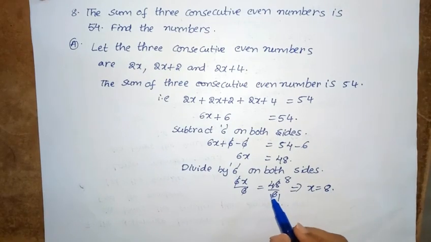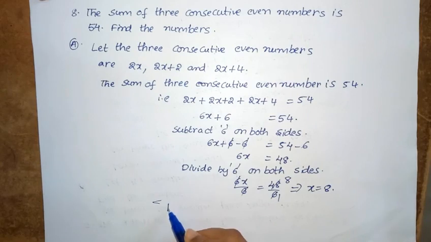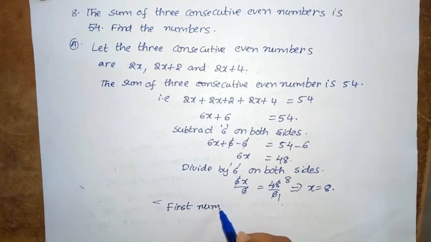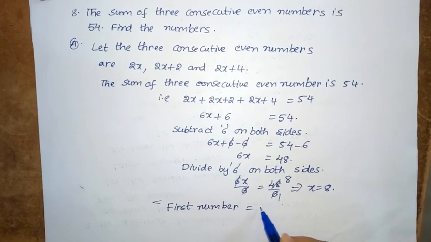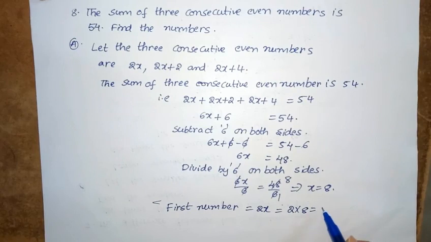Now find all three numbers. First number is equal to 2x. So 2 into 8 is equal to 16. So first number is 16.